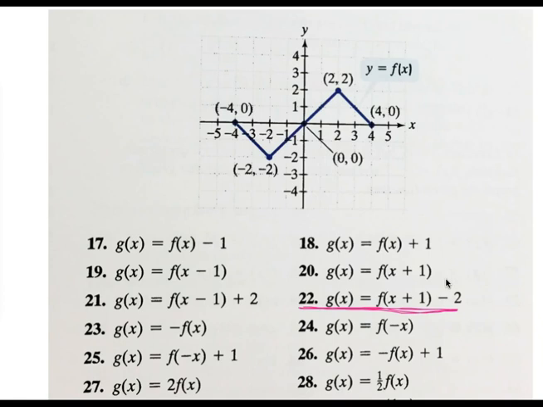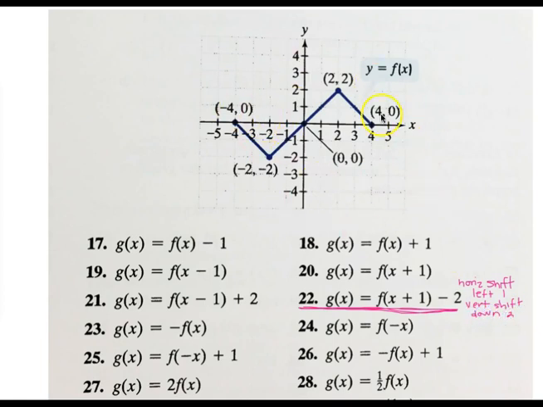With what you learned in Algebra 2, you would look at this and say, okay, a plus on the inside means I'm going to move to the left. So this is a horizontal shift left 1, and then this minus 2 on the outside is a vertical shift down 2.